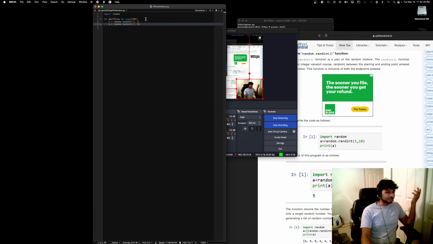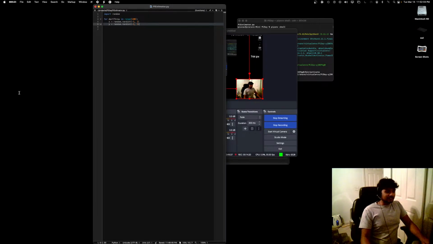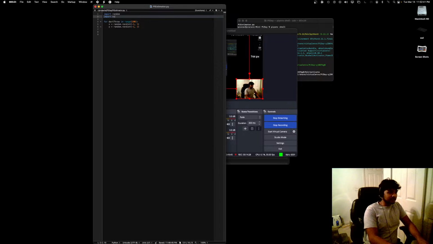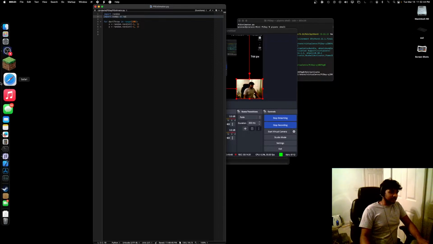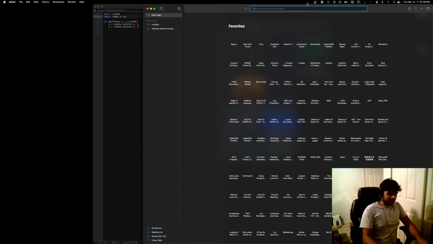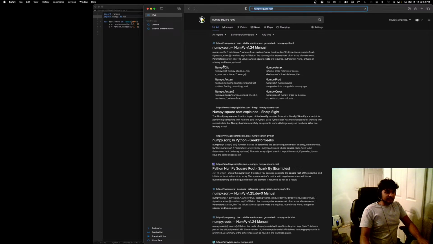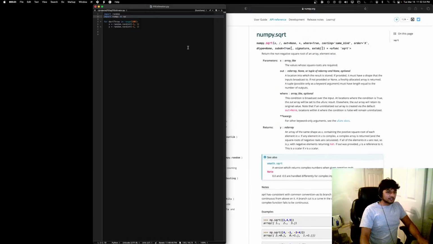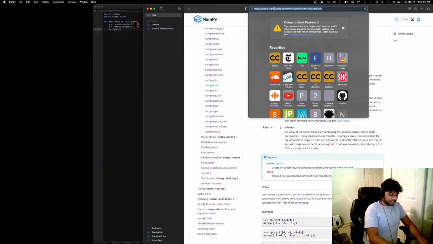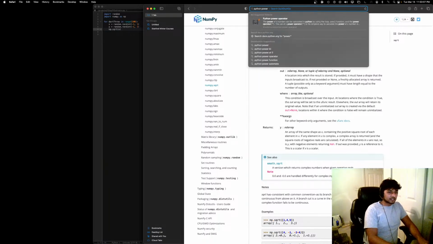The distance formula. We need to find the distance formula, so we need to import numpy as np. Just got rid of the Safari. Numpy square root, that is going to be np.sqrt. So np.sqrt of x to the power of 2.